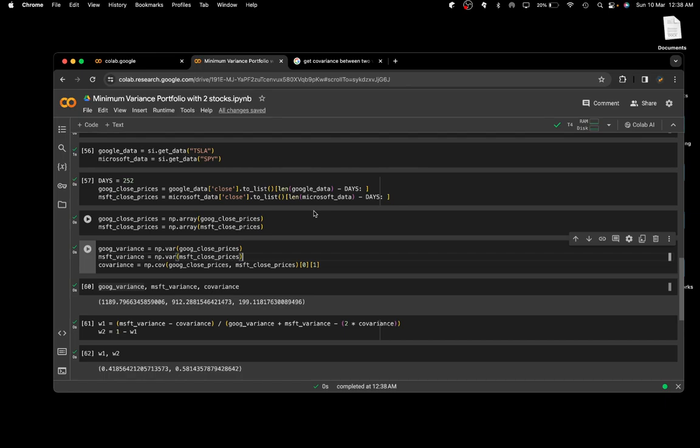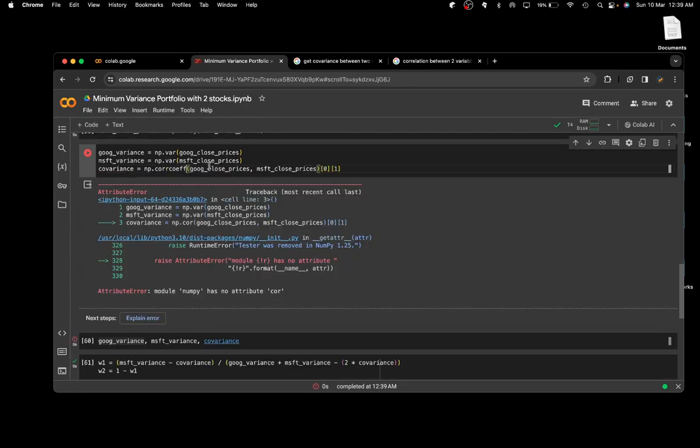I know this is probably going to screw it up, but what if I get the correlation, then that might effectively work. What? It's literally throwing me an error. Alright, so if I do this now, cool.